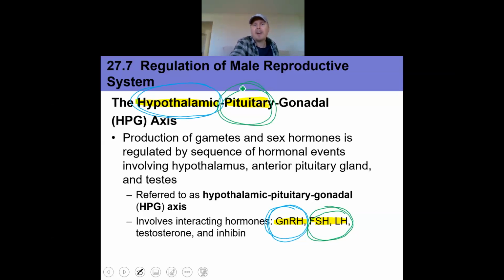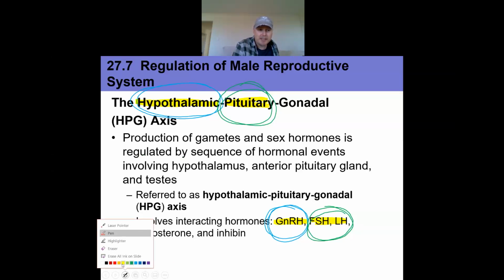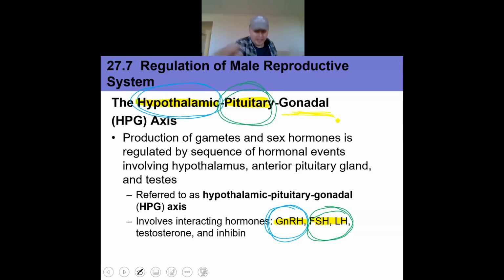And of course, then our gonads. So the testis is involved in this process as well, since that's the one that gets affected.